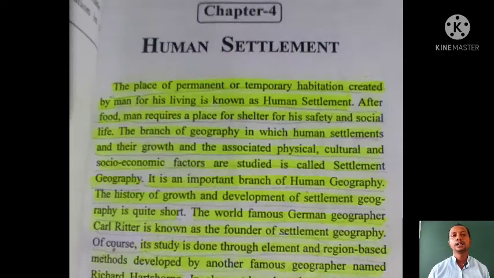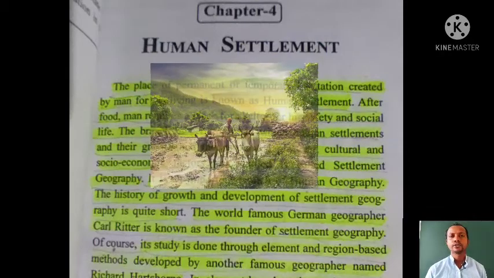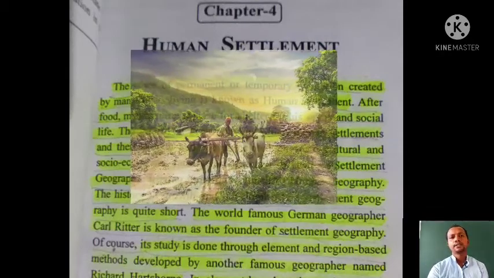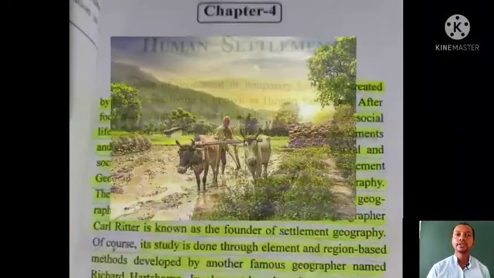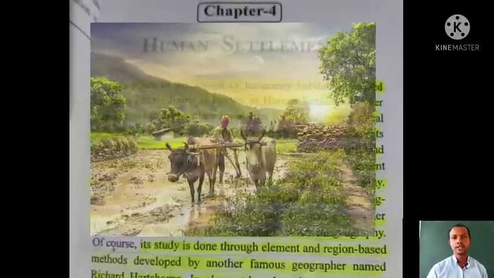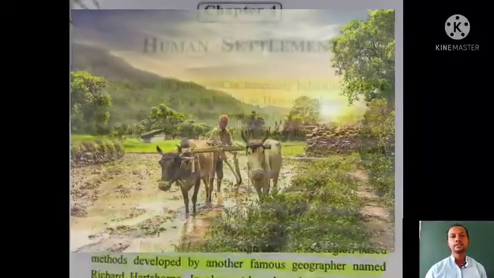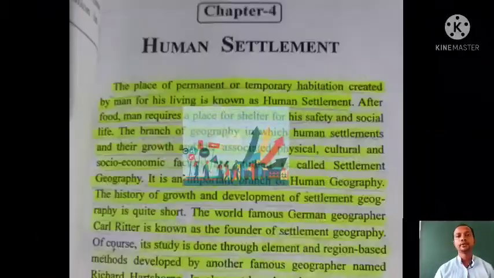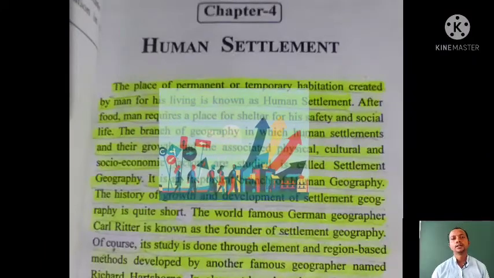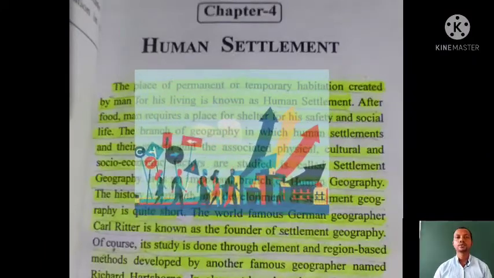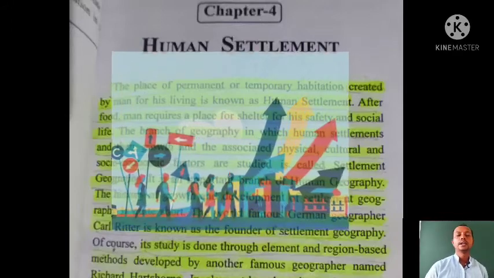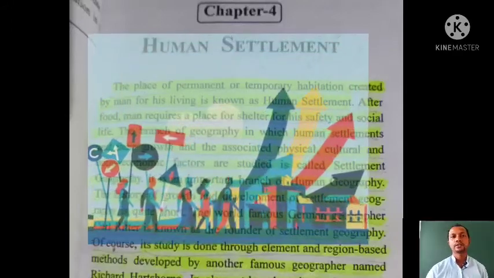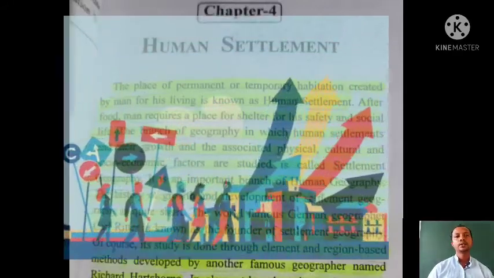If a person deals with agricultural activities, he will be living in a place where agricultural activities can be done, with good soil and good water facilities. Or if a person is good at trade, business, or interested in industrial works, the person will go and stay in a place where there are factories and industries.